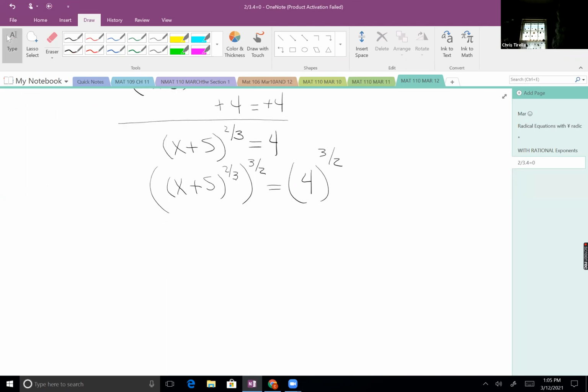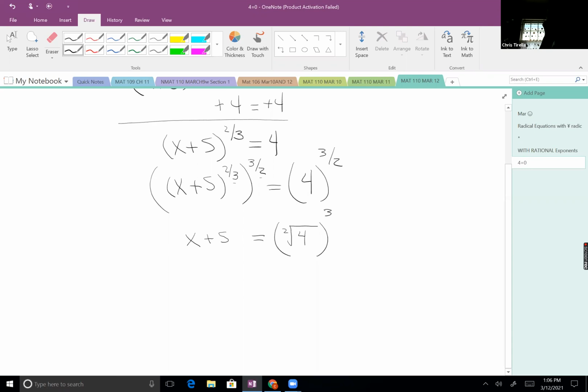On the left, when I raise a power to a power, I multiply those exponents, and that product will be 1. So that gives me (x + 5)^1, or just x + 5, equals, on the other side, 4^(3/2) would be the square root of 4 cubed.